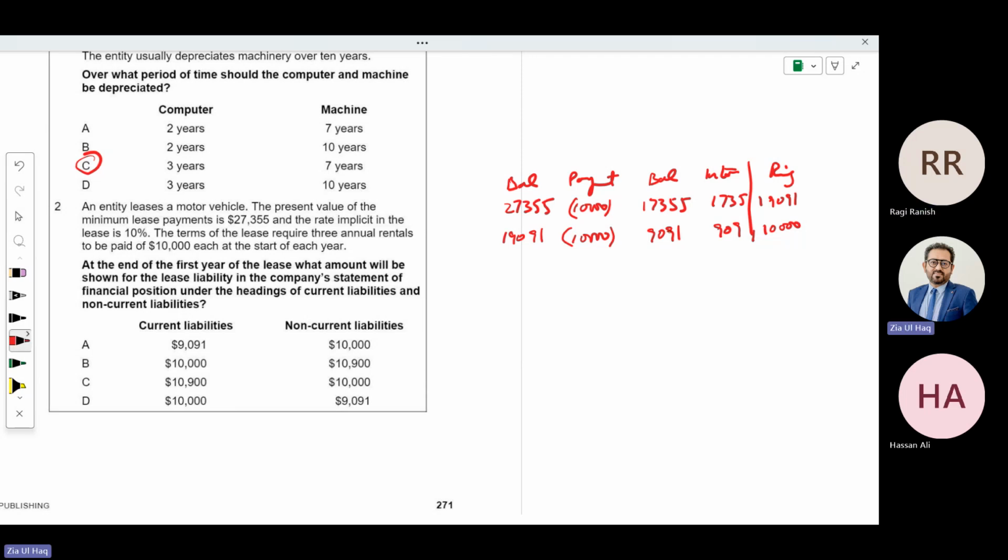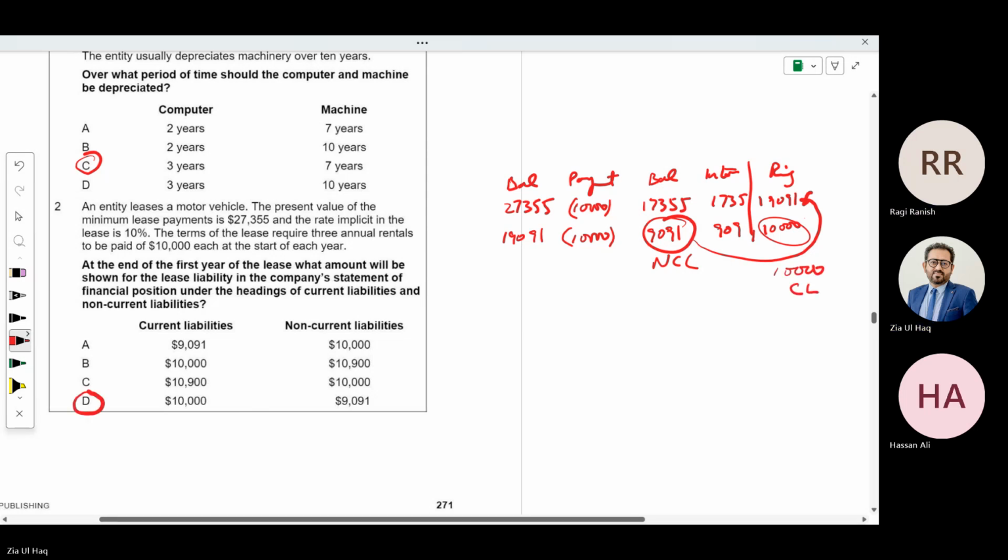So this will be your non-current liability, option A, because we are making payment at the start of the year. If payment was being made at the end of the year, this would be non-current liability. So this will be non-current liability, and the difference between this and this, that is 10,000, will be current liability.